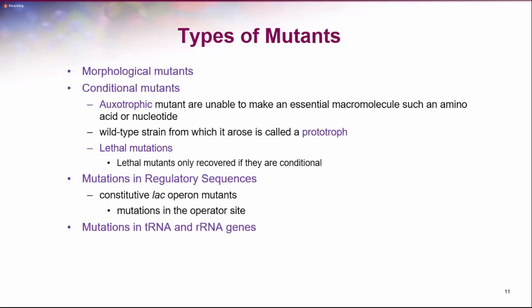There's nothing wrong with the RNA polymerase, but its ability to bind is affected by the actual sequence that has been mutated. Okay, so you can have mutations in tRNAs, as I just mentioned on the previous slide. You can have mutations in your ribosomal RNA genes as well that will sometimes help to generate newer strains of bacteria.